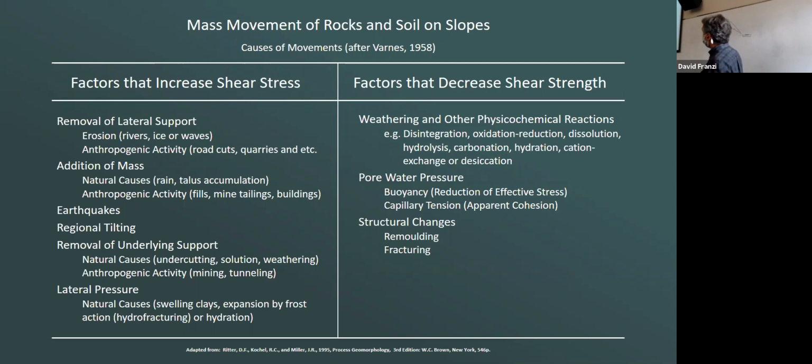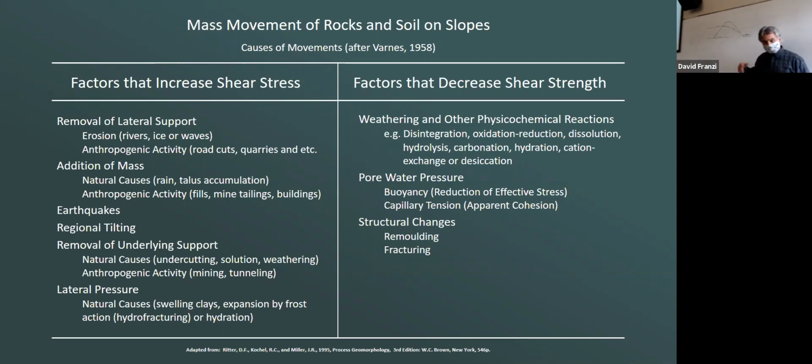And that is you're reducing the shear strength by doing that. Shrink swell can cause ground fractures. That's another thing that can happen. Or solution widening of joints. Right? All of that stuff will decrease the shear strength.